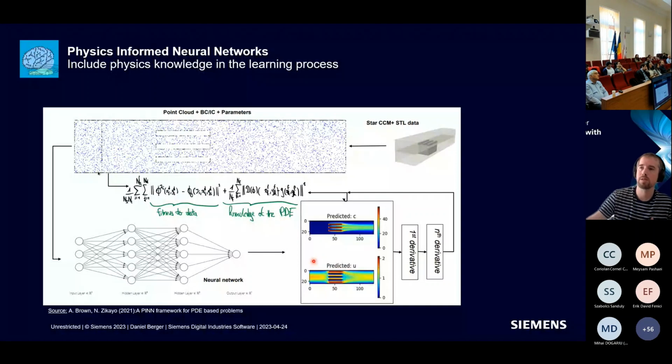You don't need data for this approach, but you just use the knowledge of the physics of the system, namely encoded in the differential equation. You make use of it when you evaluate the loss function, and this way this neural network will converge to give the physically sound prediction, because it wants to minimize the error that you typically have in a neural network, but then also the error coming from the difference to the differential equation.